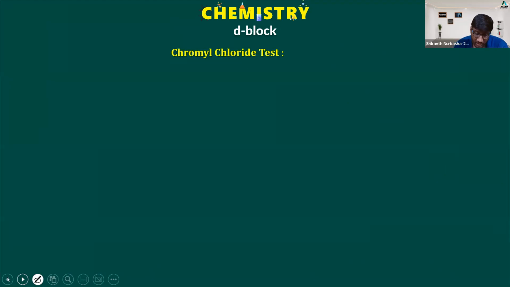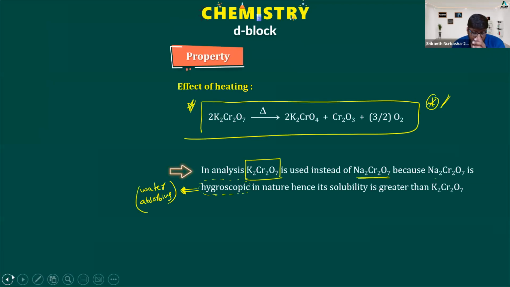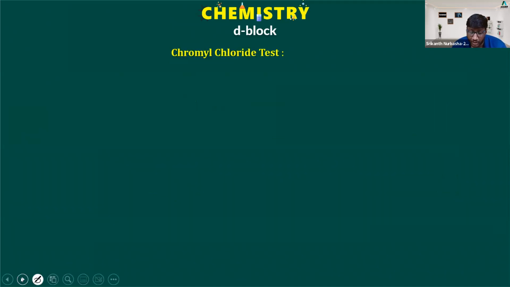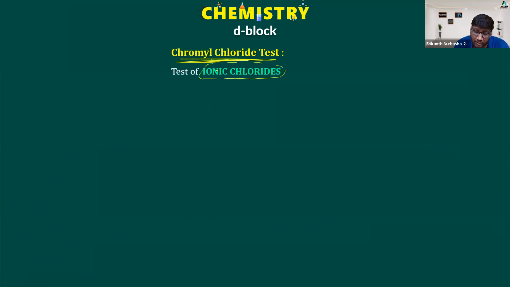Right? So this is your heating effect of potassium dichromate, and in the analysis we only use K2Cr2O7 instead of Na2Cr2O7. Very good. It is also used for the chloride ion test. So chromyl chloride test, a test for ionic chlorides. It is a confirmatory test.